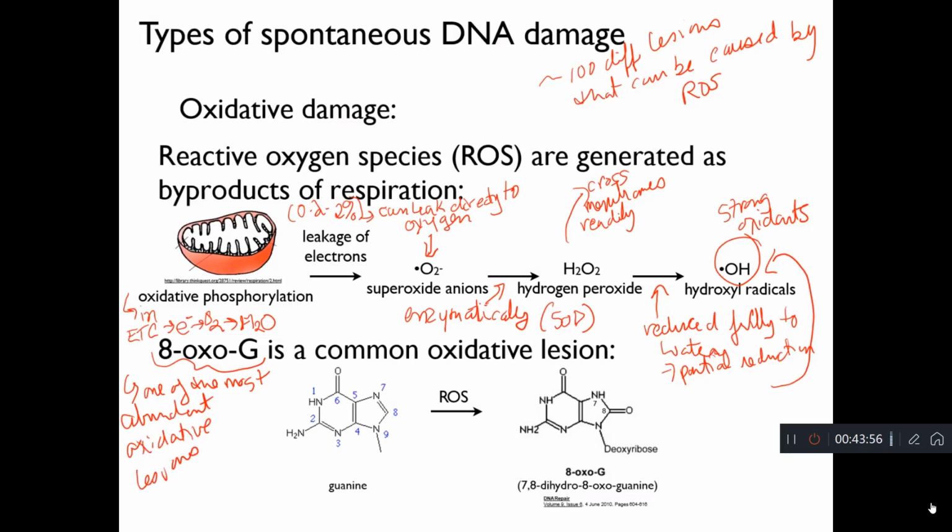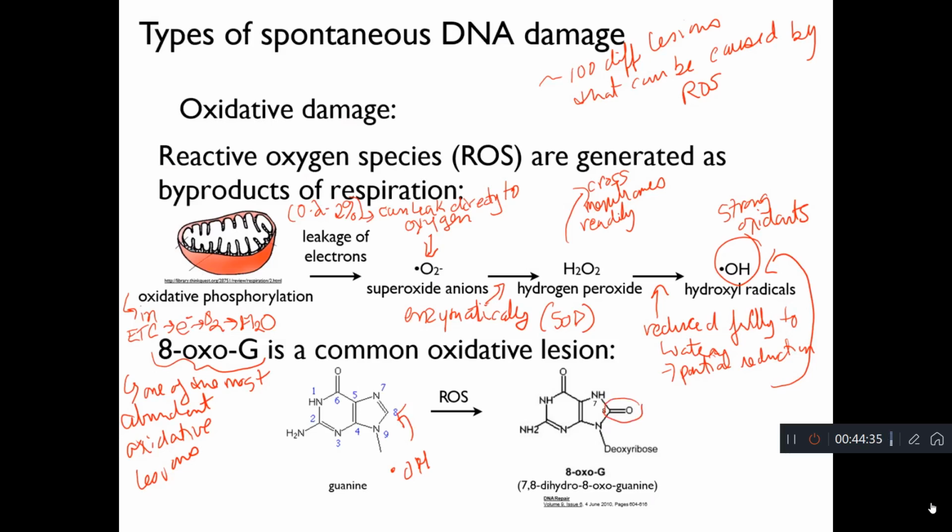So the idea is pretty simple. Say we have a hydroxyl radical here, and we have a nice little position over here at position number 8. That's susceptible. We go to that very susceptible position, and this carbon is being attacked, and now we have this oxygen, or carbonyl group, that's been inserted.